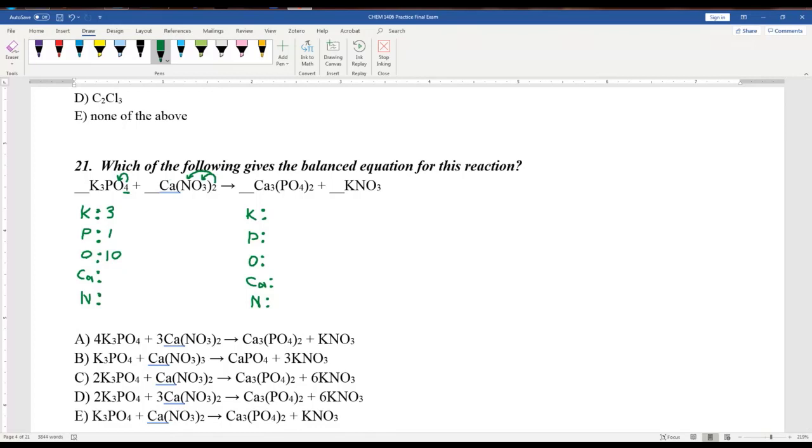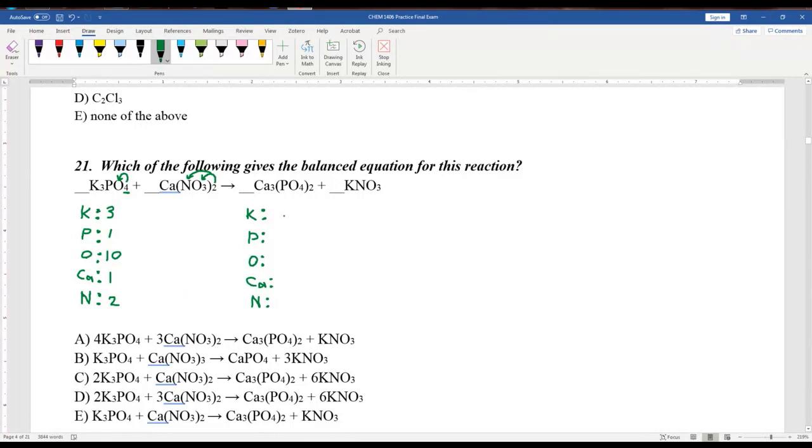How many calciums are on the reactant side? 1. And how many nitrogens are on the reactant side? 1. Actually, 2. Yeah, you have to multiply that. So watch out for those parentheses.